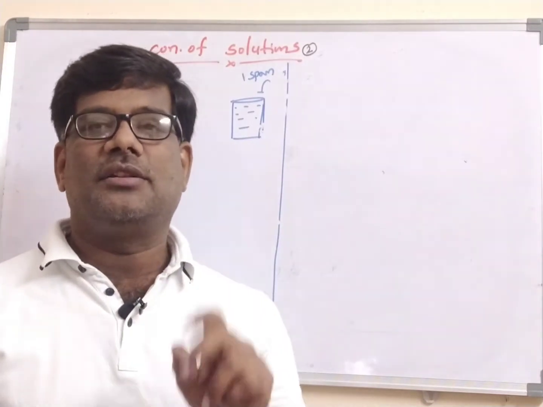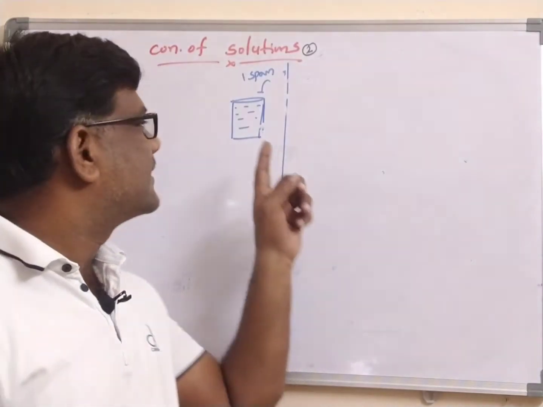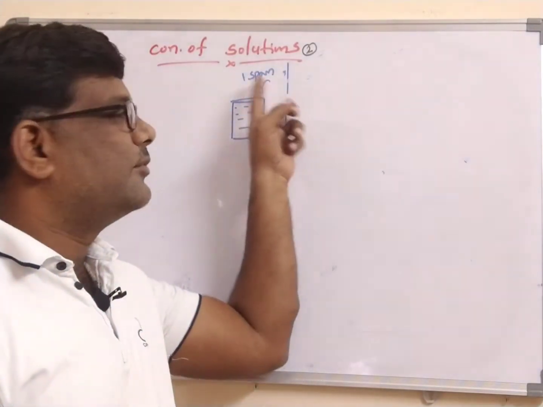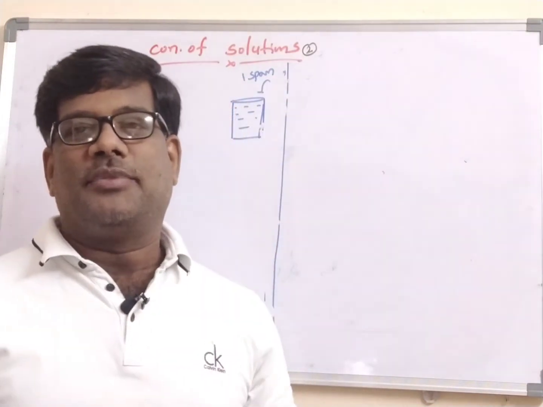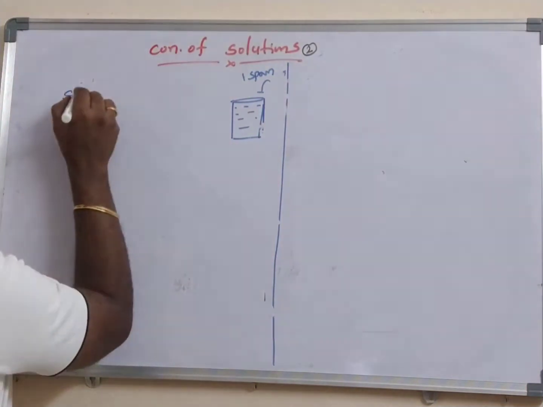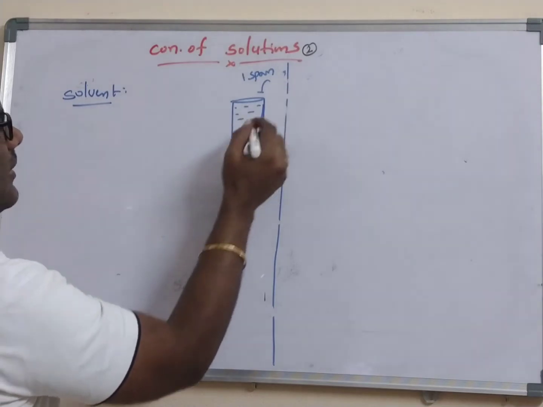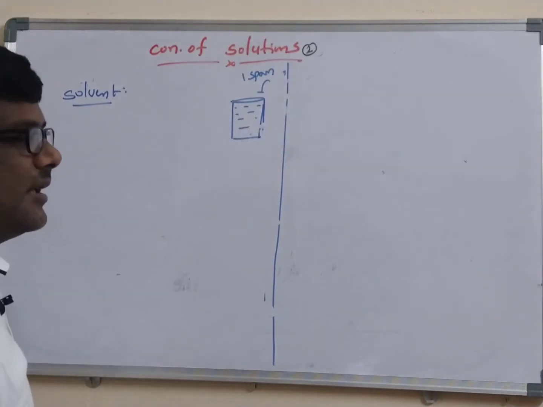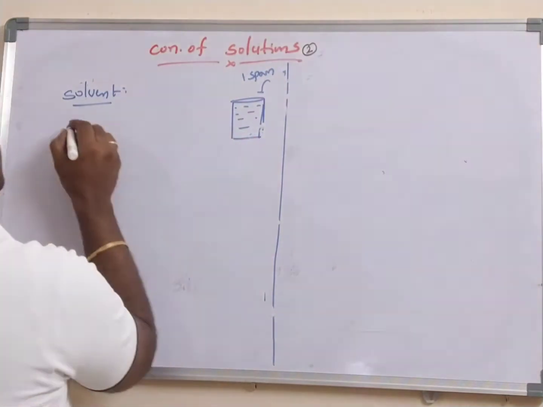In the binary solution, of the two components, one is present in excess amount and one in less amount. The excess amount is water, and the less amount is salt. In this two component system, you have two names. One is called the solvent. In a solution, the component present in the higher amount is called the solvent.